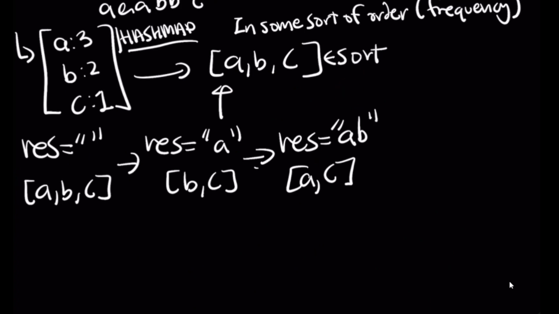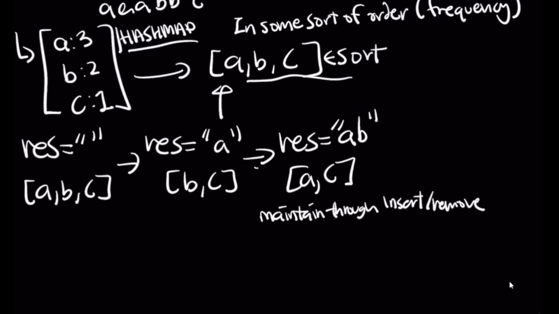So not only do we want to sort the list, we want to maintain the sorted list through insert and remove, right? Key point that I realized to myself, and I'm thinking about it in my head as I'm doing this.